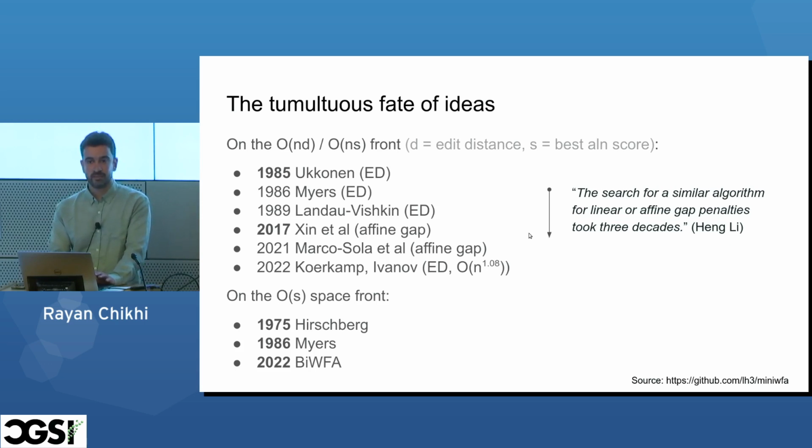Even though sequence alignment is perhaps one of the most fundamental problems in sequence bioinformatics, it still took 30 years for this algorithm to be discovered. On the space front, there have also been developments, and aligning sequences in small space is crucial for being able to align long sequences, for instance, complete genomes.